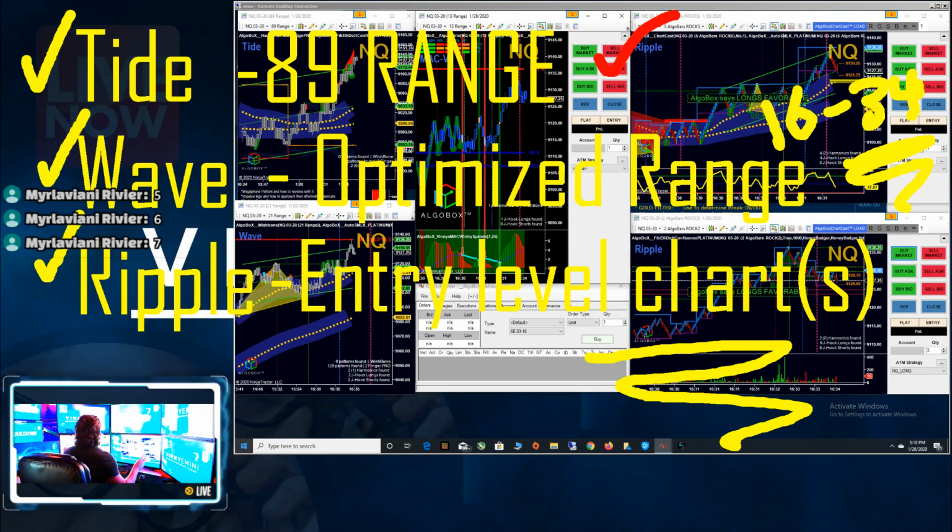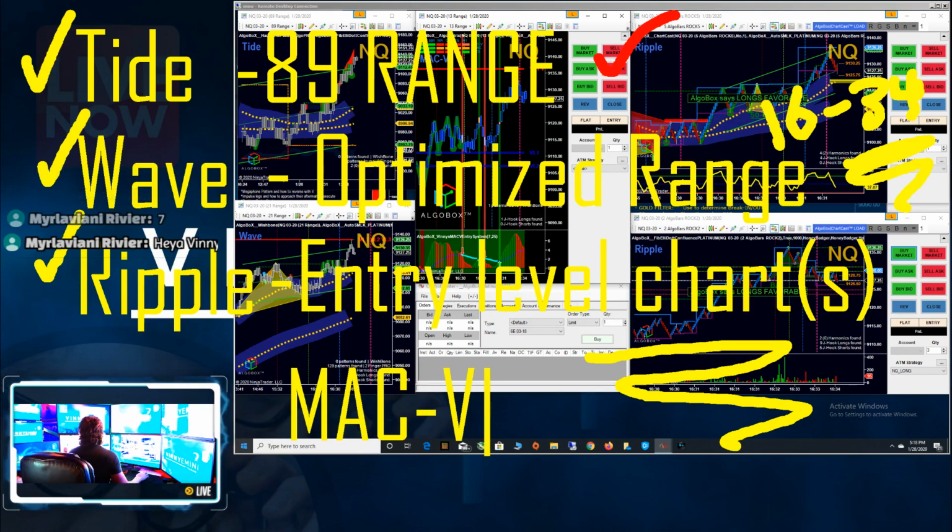3 time frames. But we're also going to throw in another that is not from Alexander Elder's book. This is, again, straight out of the Elder methodology there on the triple screen. However, we are going to add one more component that you guys are going to see here tonight, and we use the Mac-V. Now, what exactly is that?